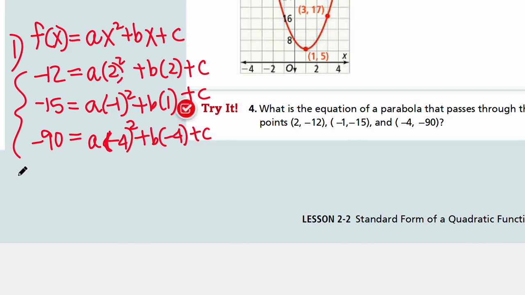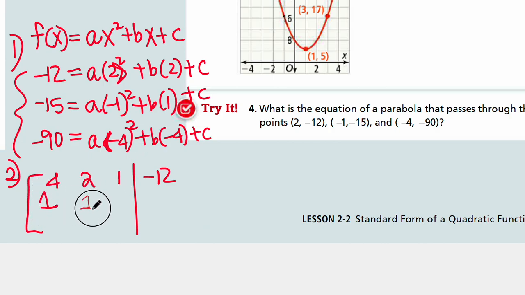Okay, and then your matrix, step 2. Your matrix would be your augmented matrix. Change your format and line up your a's. So that's going to be 4, 2, 1, -12. And that's positive 1, positive 1, positive 1, -15.